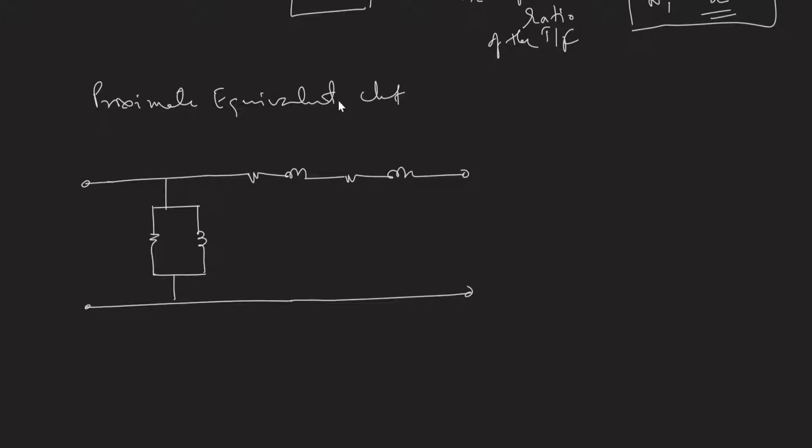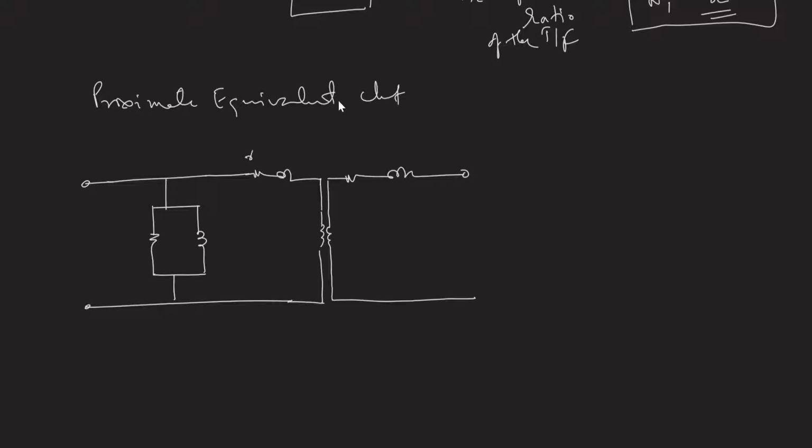So if I keep the ideal transformer here, there is no connection here. This is the ideal transformer.